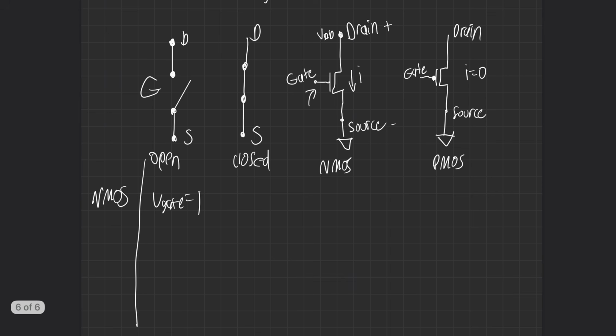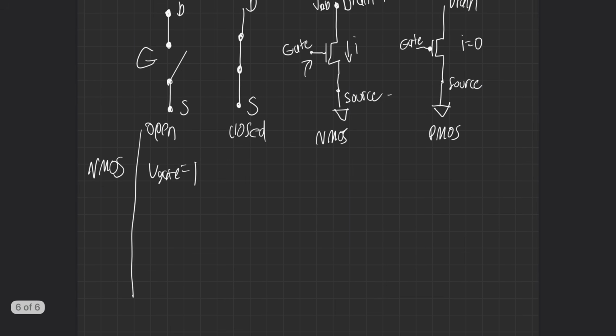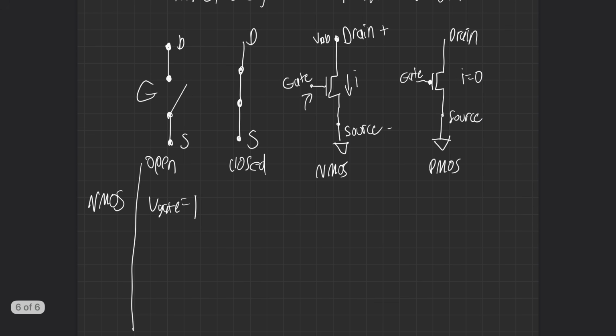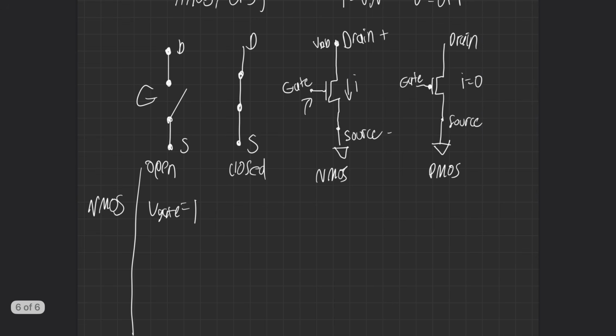And so we'll say that when V gate basically is on, we'll actually move this, because we're saying that for the NMOS, it allows current to flow. So this is I equals big I. We'll call it that.